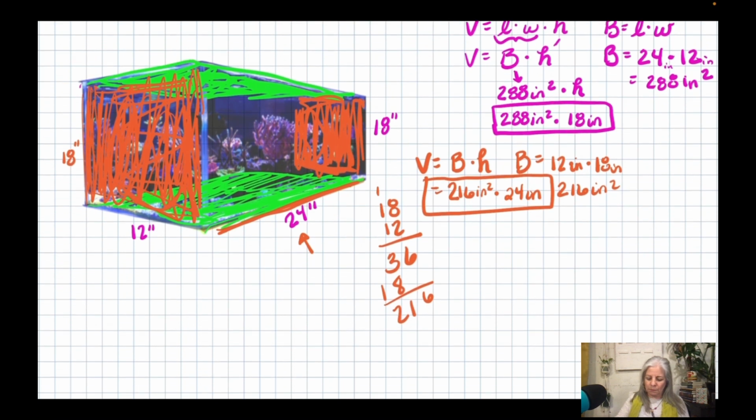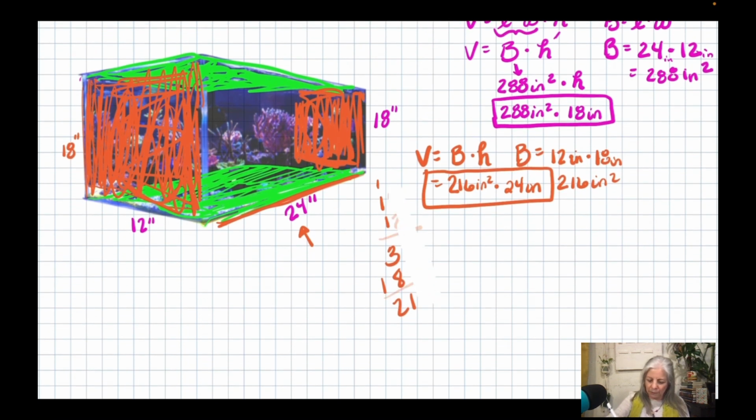So I'm going to scroll up a little bit, erase this, and we're going to go 288 times 18. I have to count. If I had my fingers available, I'd use that.